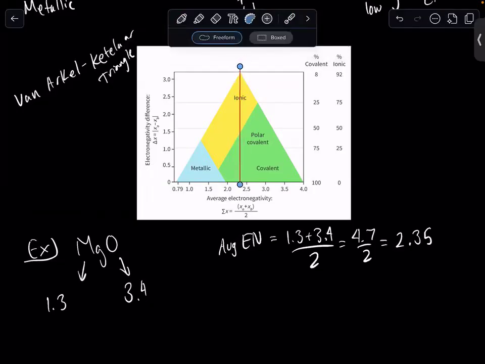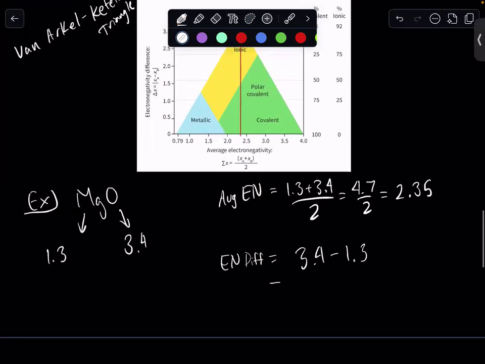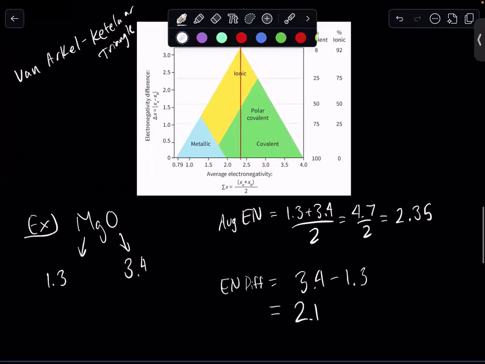Maybe we'll scooch it a little over. All right. Then for our next one, we'll do our electronegativity difference, which is just the absolute value of the difference, but I'm just going to put the big number first so that I don't have to do absolute value. And we find that our difference is 2.1.